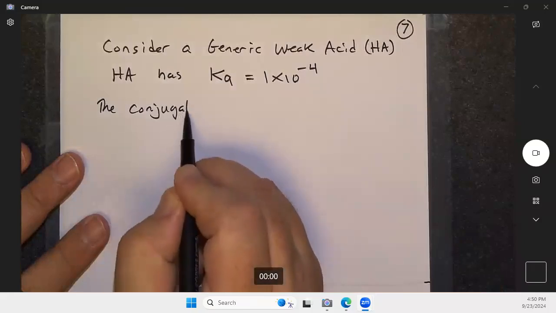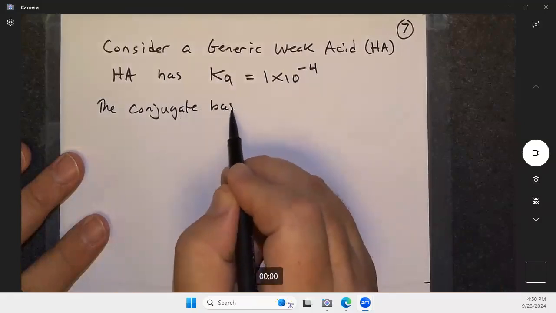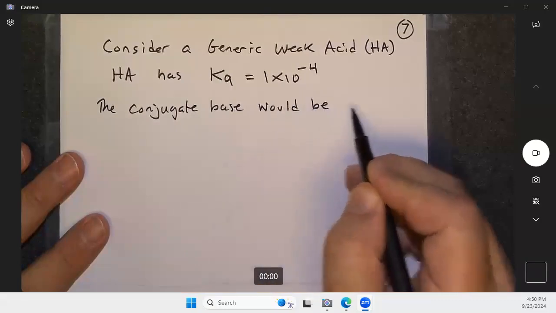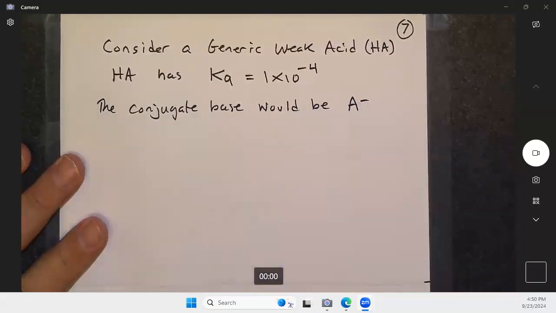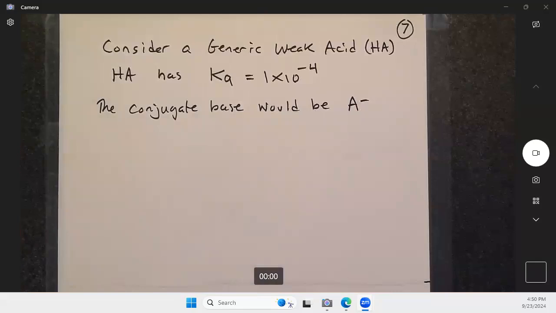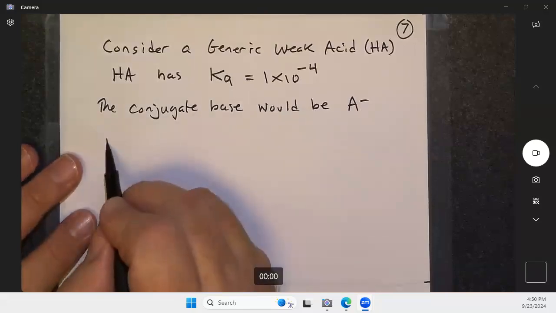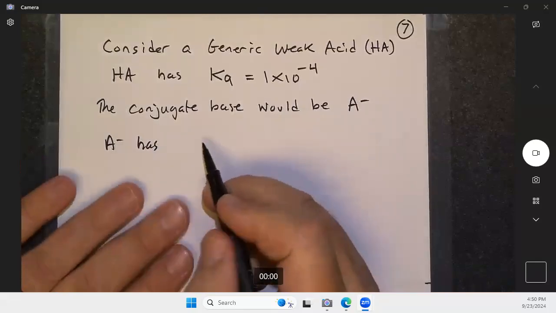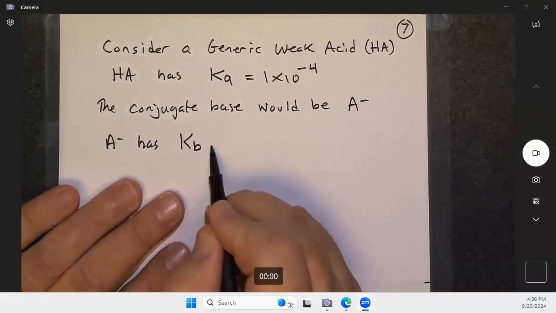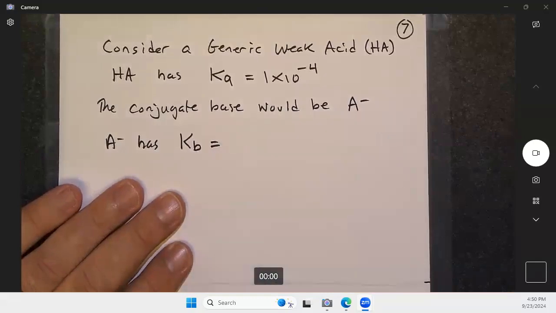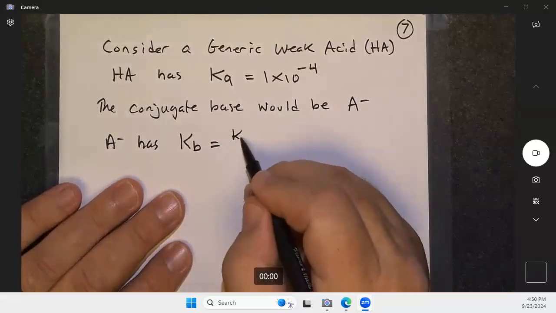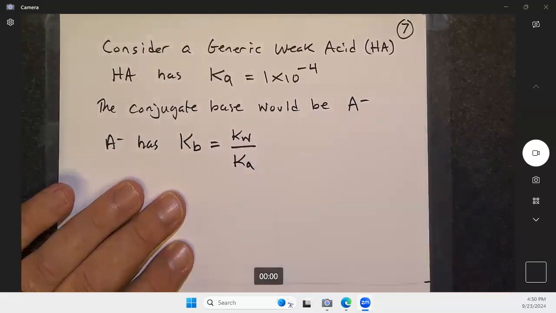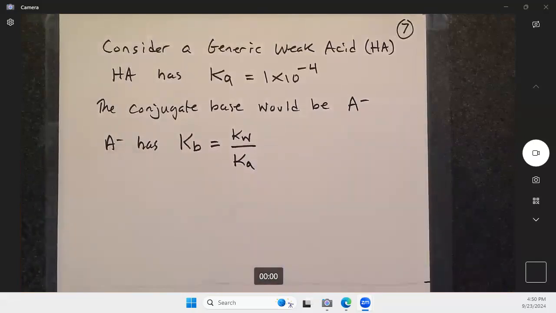The conjugate base would be A minus. And A minus has Kb equal to Kw over Ka for HA.